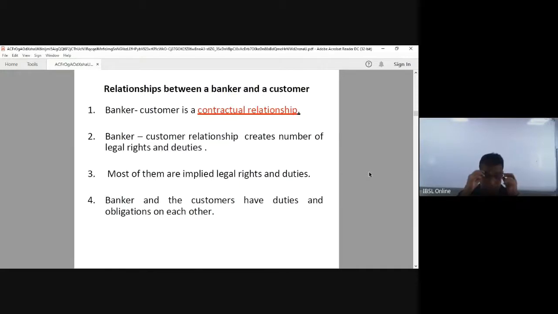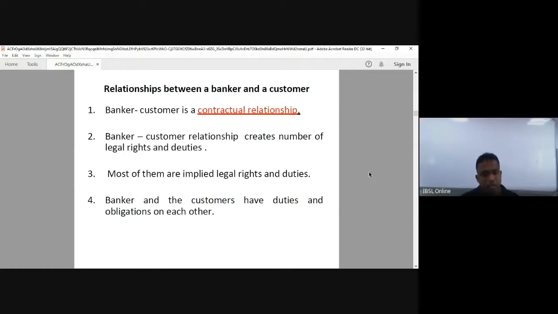Okay. So now we have identified who is the bank. We identified who is a customer. We identified what is the banking business. And now we are going to discuss the banker-customer relationship.